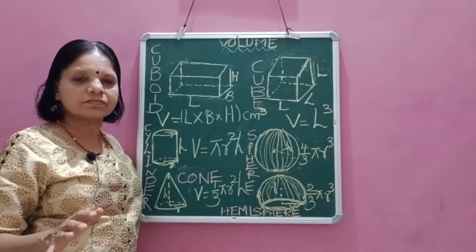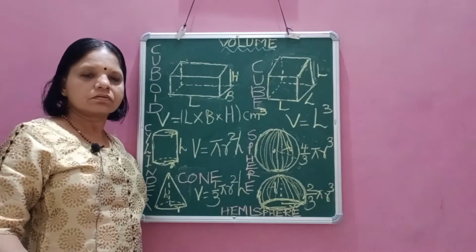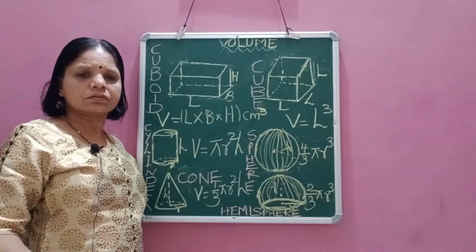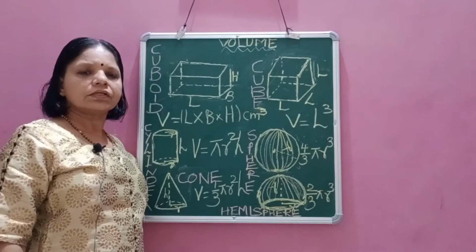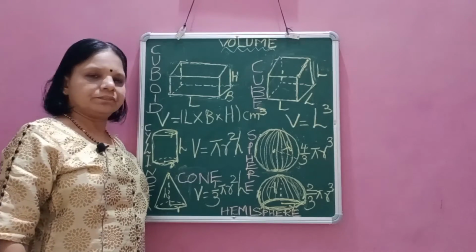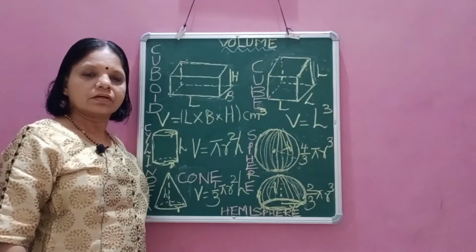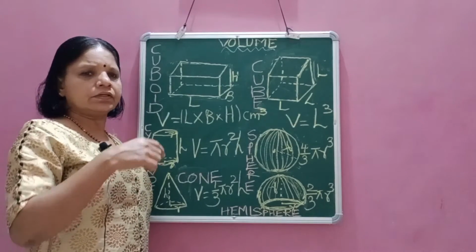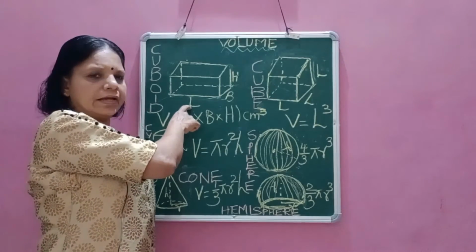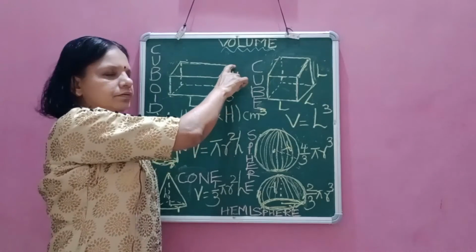There are 6 faces. The examples, rectangular box, fridge, cupboard, room, all are in shape of cuboid. So each face is a rectangle and the dimensions are L, length, breadth and height.